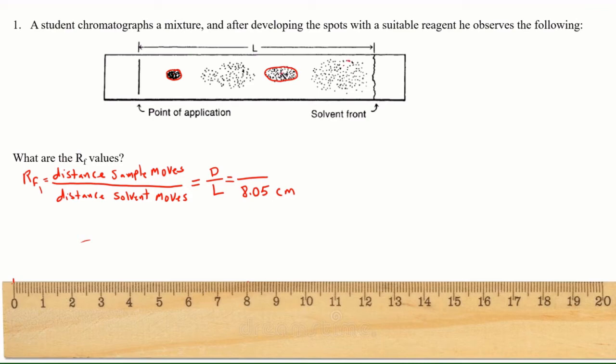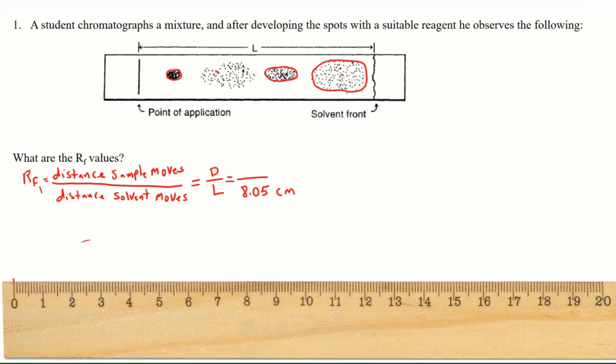Okay, this here is a third spot, and I would measure it to the center. Okay, this spot right here, if you look at the dispersion of the spots, they look like 2 spots that are fused together.